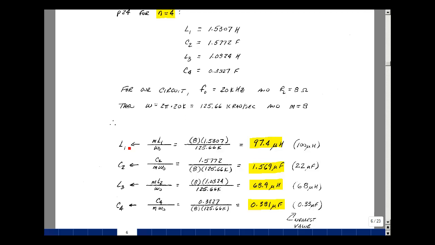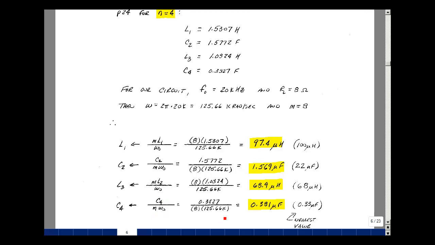So our value of L1 is going to be M times bigger, which is 8, and then smaller by 2 pi F naught. For C2, we're going to divide by M, divide by omega naught. So divide by 8, divide by 2 pi F naught. For L3, we're going to again multiply by M, divide by omega naught. And then for C4, we're going to divide by M and divide by omega naught.